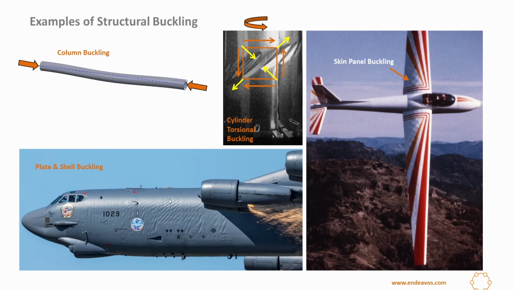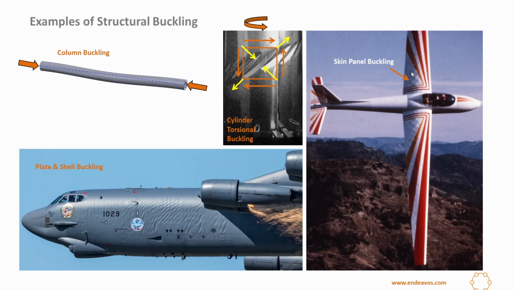But if we move towards the middle of the beam close to the neutral axis, we have a state of pure shear. So that's what you see here in the middle of the fuselage. We have this state of pure shear, very similar to this situation here. And because of this downward loading here, we get wrinkles similar to what you see here.